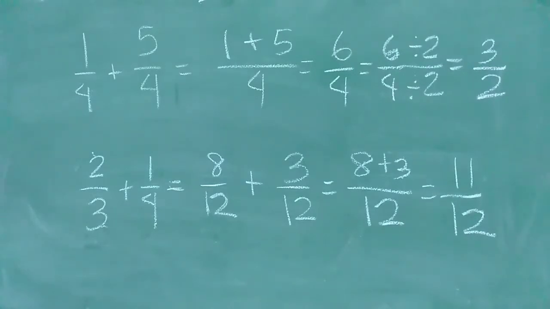Is that clear? Okay. Now, let's have multiplying and dividing fractions. In this one, a common denominator is not needed. To multiply, take the product of the numerators and the product of the denominators.